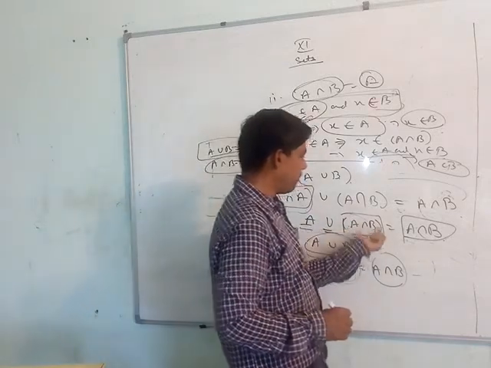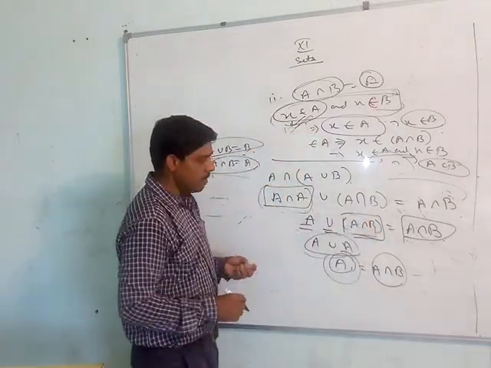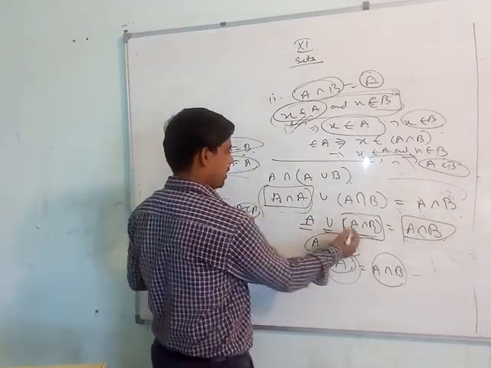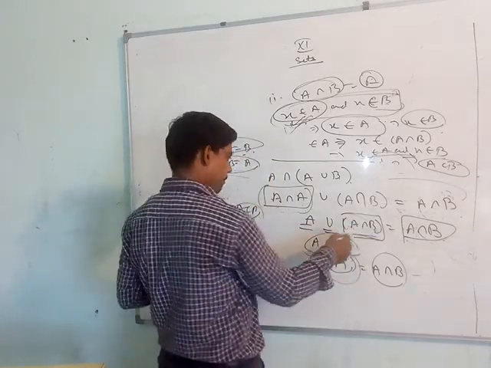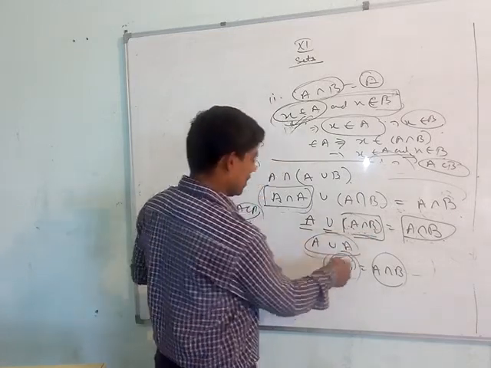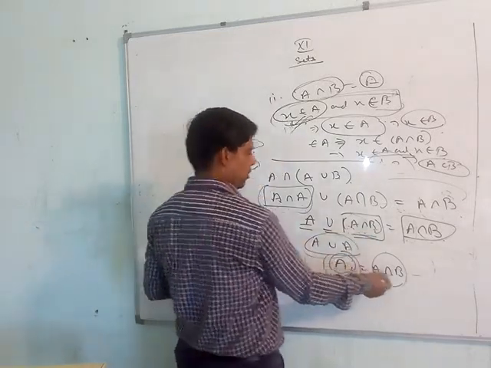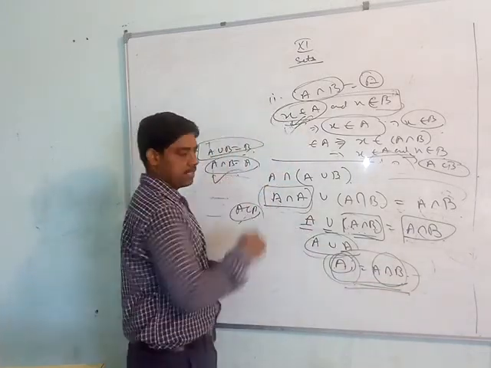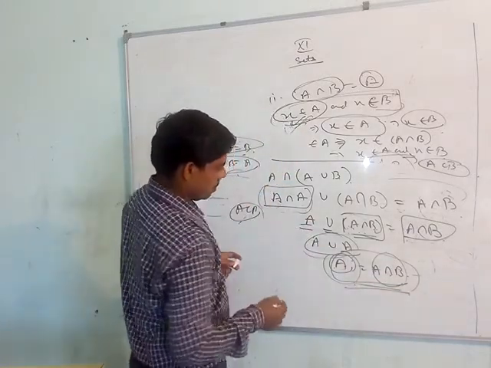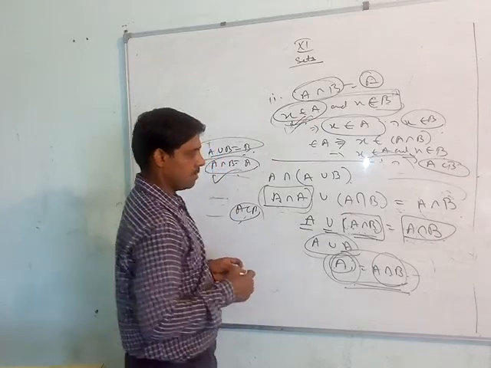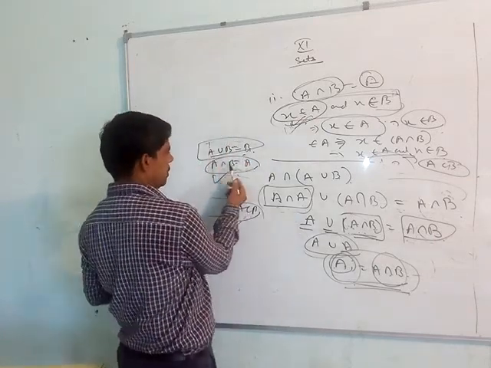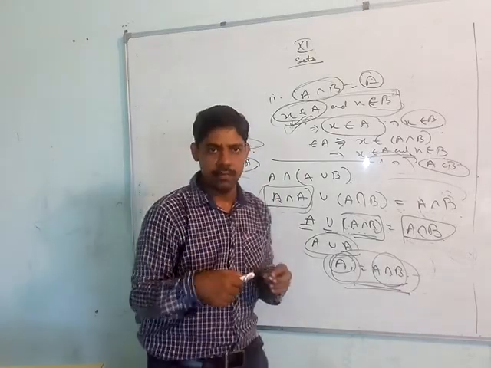But we know from the previous example, if we assume A is a subset of B, then A intersection B is equal to A. So A union A is A, and A is equal to A intersection B. That was exactly the previous example that we have studied. Yes or no? So this way we can prove that A union B equal to B and A intersection B equal to A are one and the same thing.